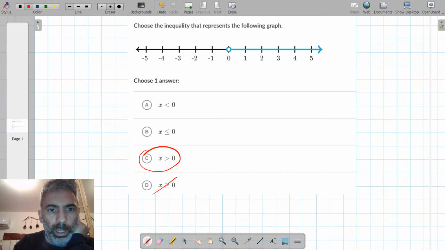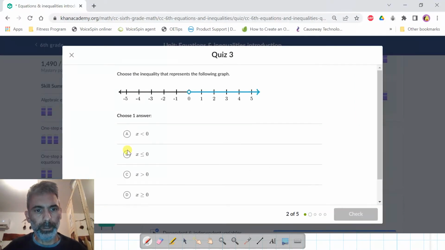Options A and B are not correct, because they say that the value of x is less than or equal to 0, which means that the colored arrow should be to the left and not to the right. So the only correct option is C.